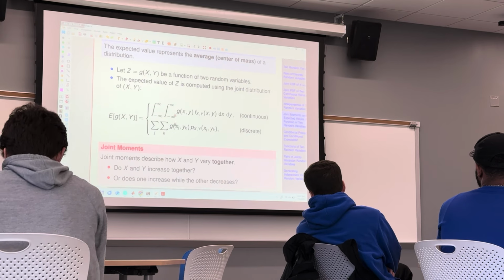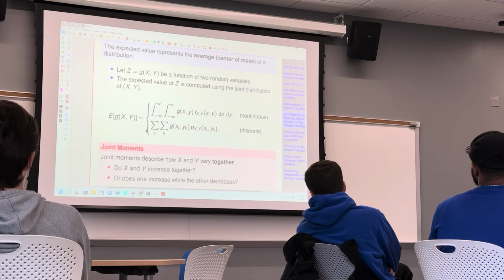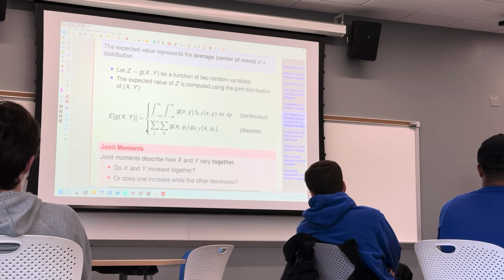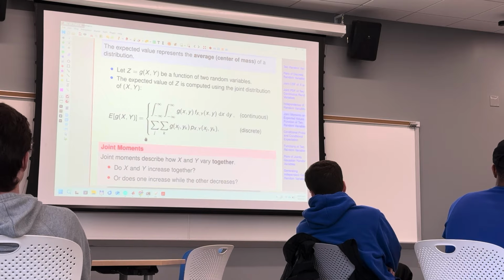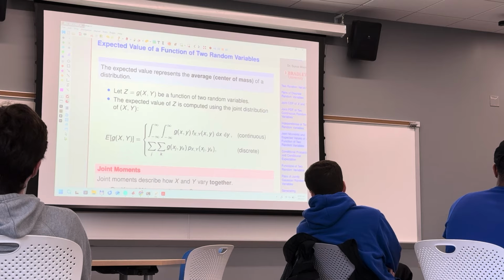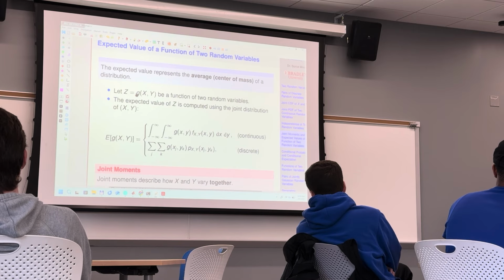We actually did this for a single random variable: we have moments, first moment, second moment, third moment, and so on. But we will do it for the joint random variables x and y. In this case, we will treat z, which is a function of these two random variables.